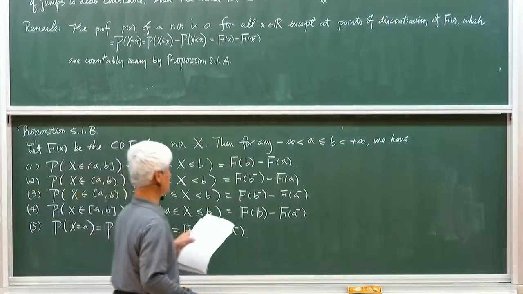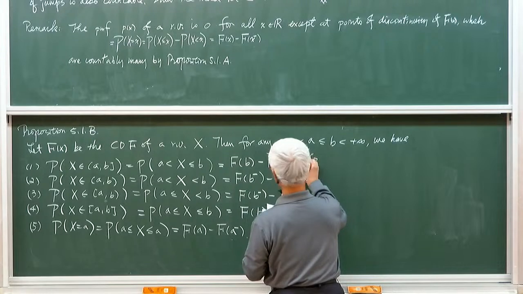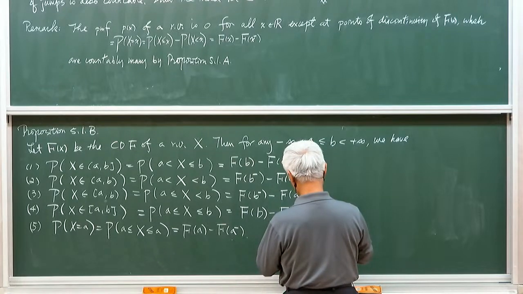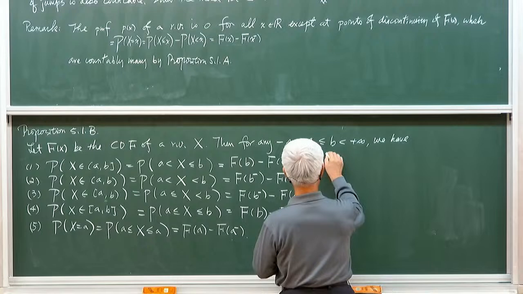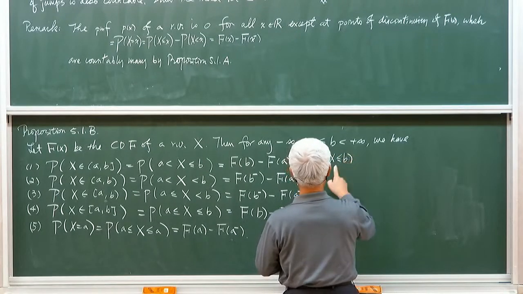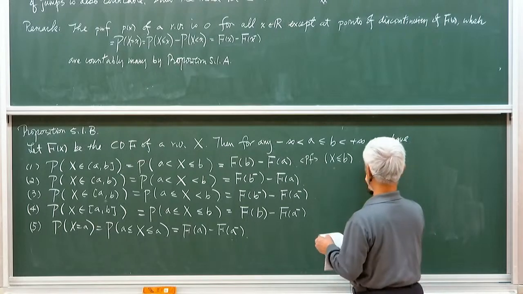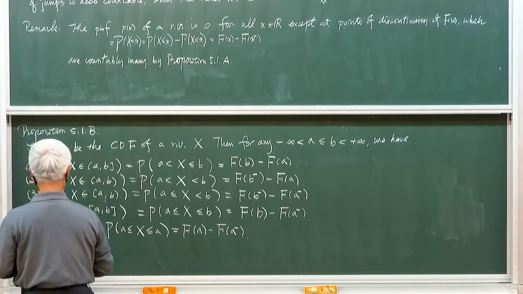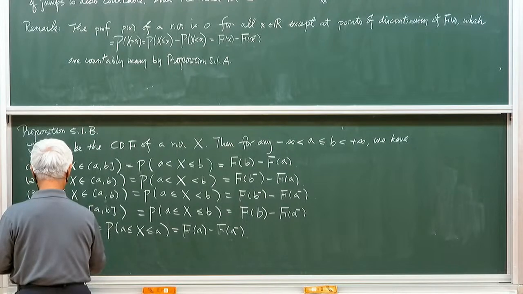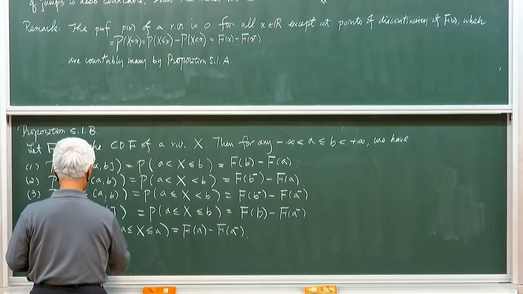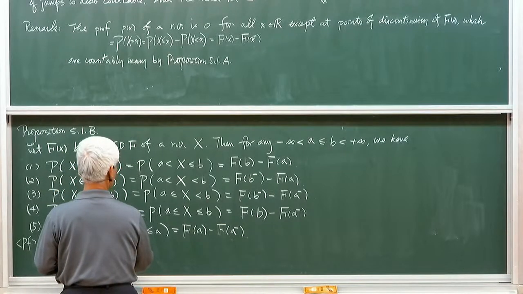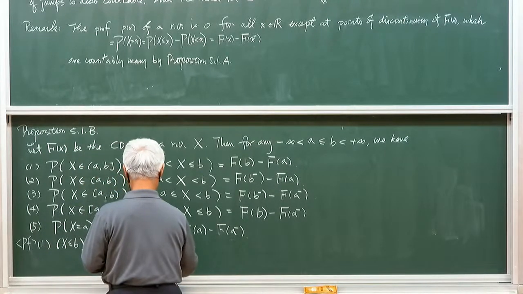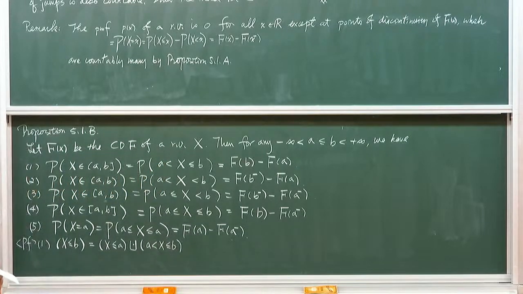The proof is actually quite simple. First of all, the event X less than or equal to b is the disjoint union of two events.